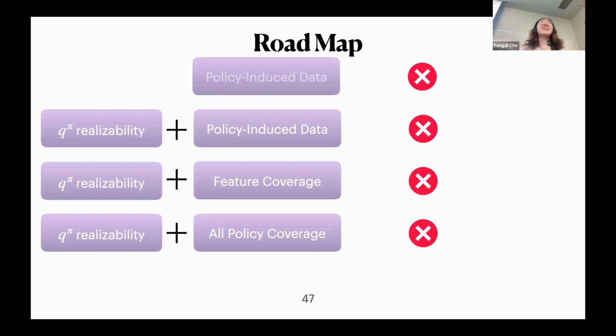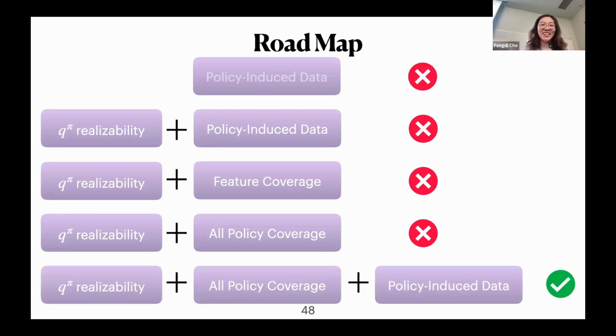And now we have too many negative results. Can people actually find a positive result, find an algorithm? And just this year, Valad from Chava's group proved that if we use policy-induced data and QPi realizability and all policy coverage, there is actually an algorithm to solve offline learning.